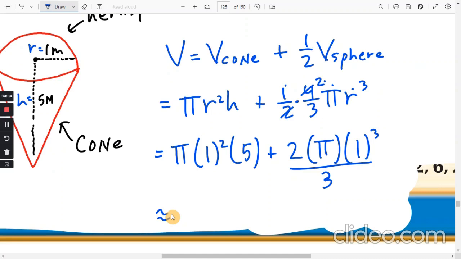Hit equals again, and I get 17.08. The units were in meters, but this is a volume, so it's going to be meters to the 3rd power.